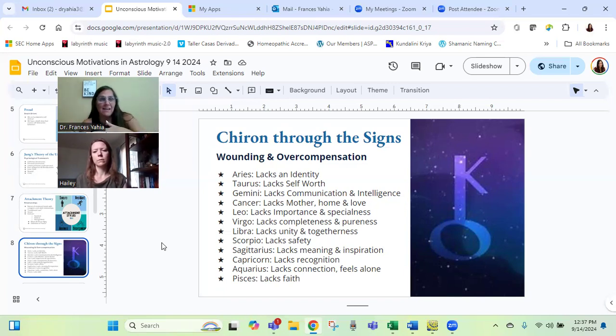If I accept that death and endings are coming, well, then I'm dealing with the next sort of cycle of life and new beginnings. So they never feel really safe because of that paradigm. Sagittarius, they lack meaning and inspiration. Maybe they're the ones that study religion and philosophy and travel the world, but they really never find any meaning in any of the things that they study.